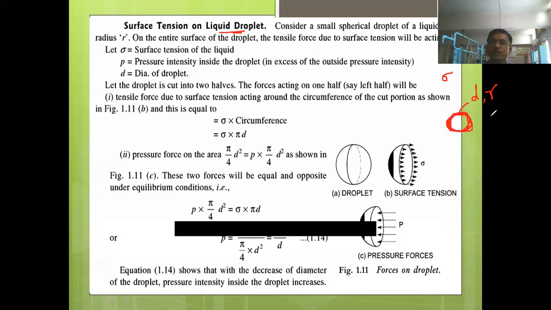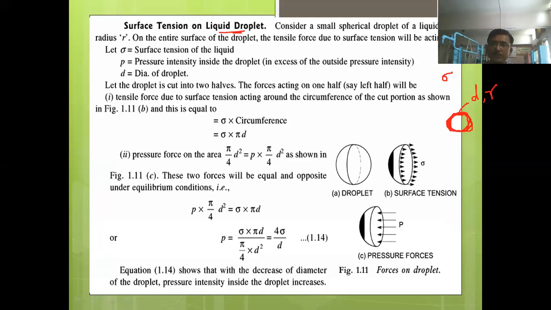Now sigma is nothing but the surface tension, and what is F? It is the force, or we can call it a tensile force. This is not a force, it is a surface tension we are calling it.